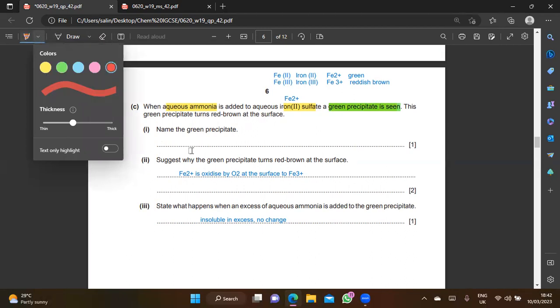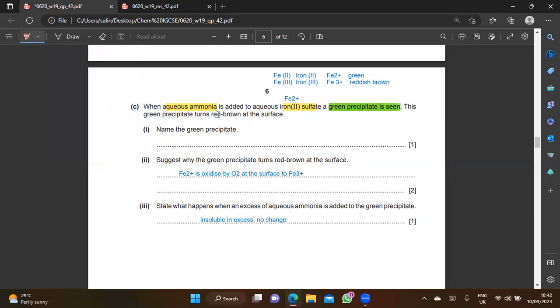I don't have brown, so I'll put a bit of red here: red-brown at the surface. So the green becomes red-brown. Okay. Aqueous ammonia, if we were to draw the symbol, is actually ammonium hydroxide, NH4OH.